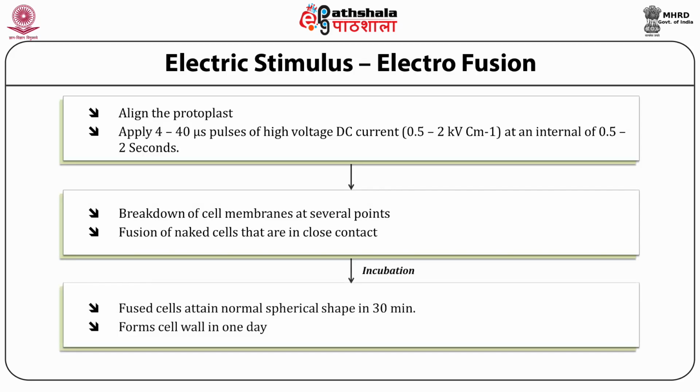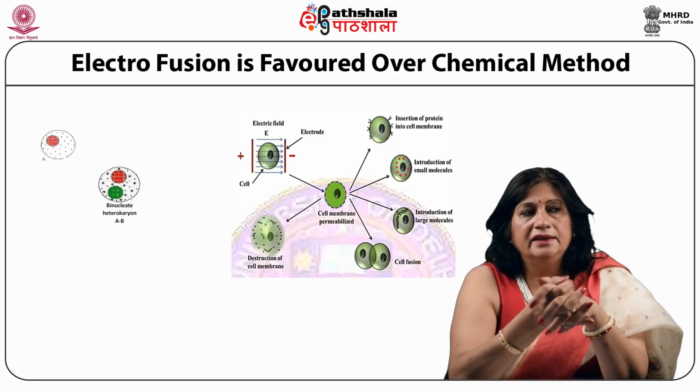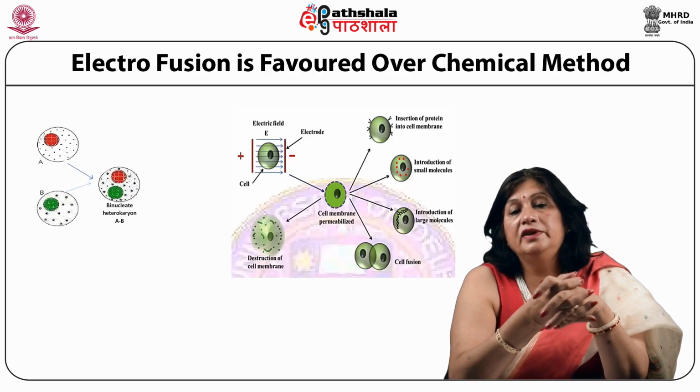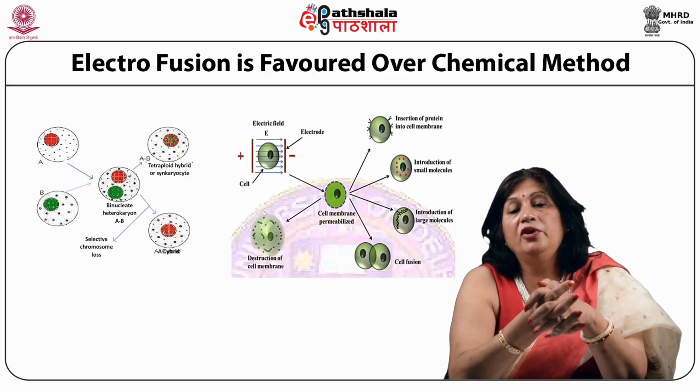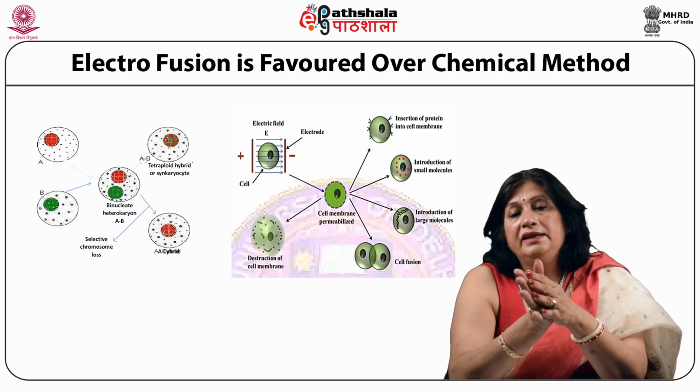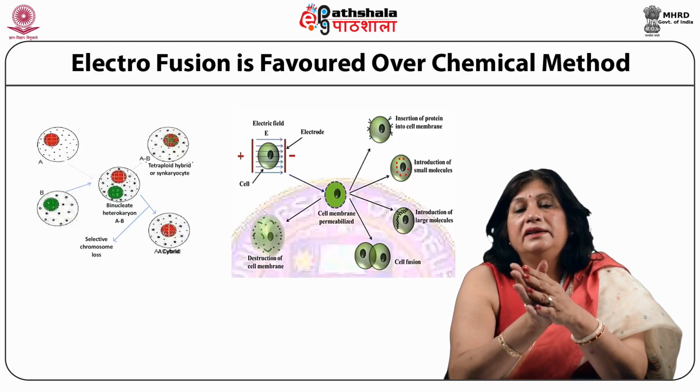When the fusion mixture is kept undisturbed for 30 minutes or so, it attains normal spherical form, and you again get largely formation of heterokaryons. As I have said earlier, this is a favored method over the chemical method because of being safe, non-toxic, and high frequency.